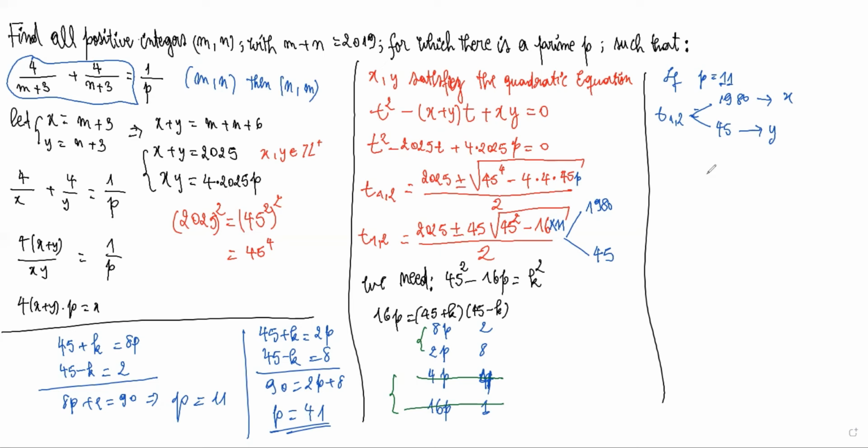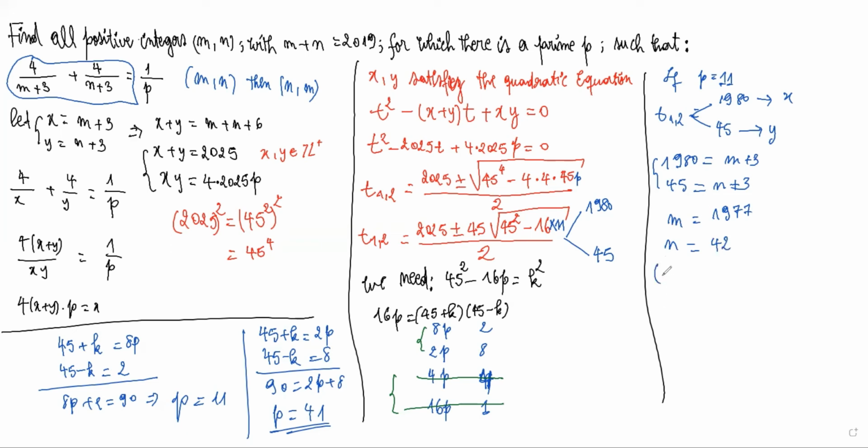So if x equals 1980, so 1980 is m plus 3, and 45 is n plus 3, which gives you the pair m equals 1977 and n equals 42.